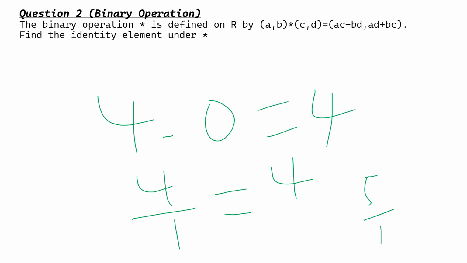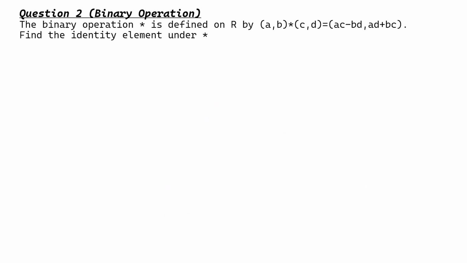So I hope the concept is clear, simple. But how do you solve this one? Okay, so it's the same concept. First of all, we have to do something. So we let our identity be xy. Since they are in coordinate form, we can't just use one letter.